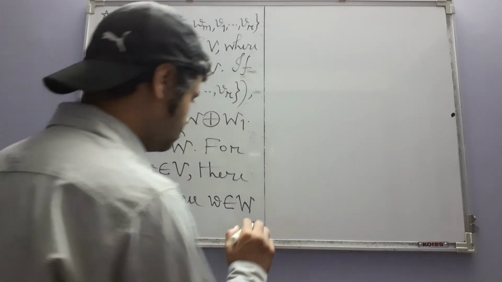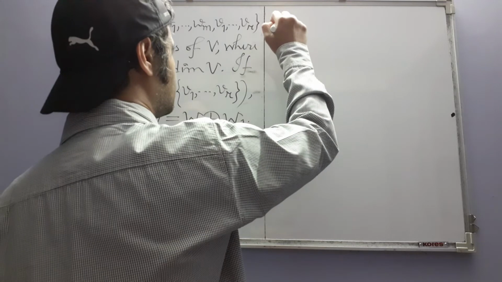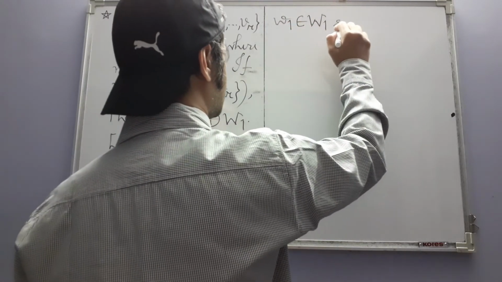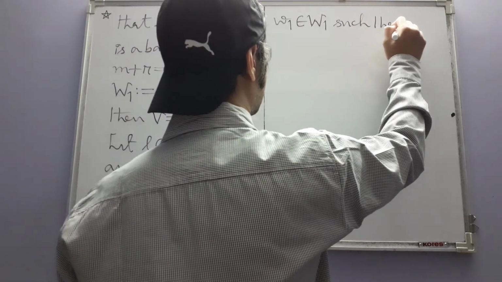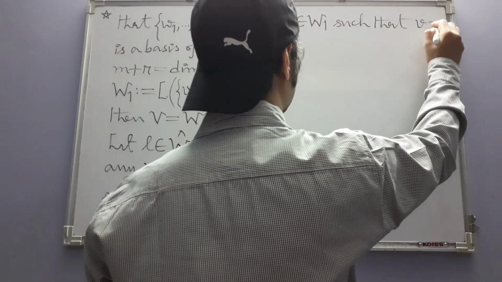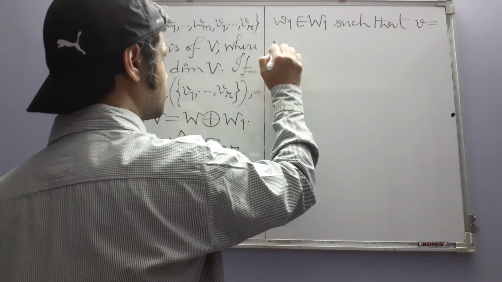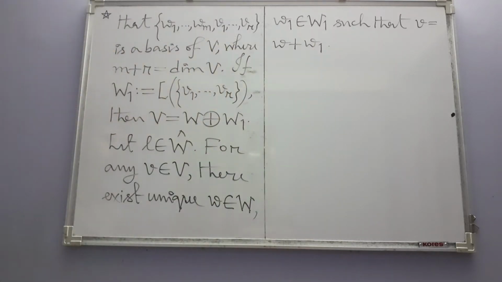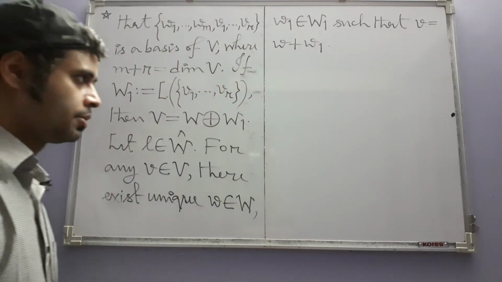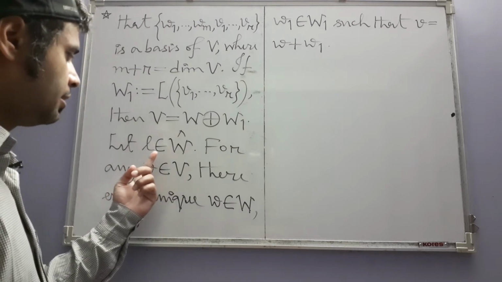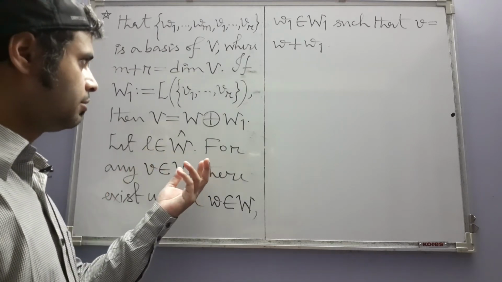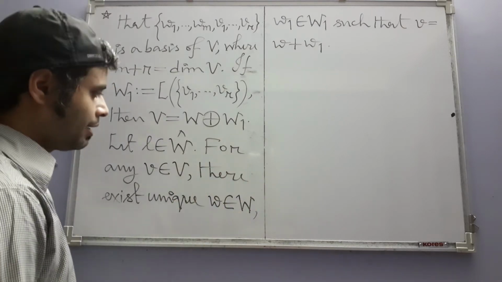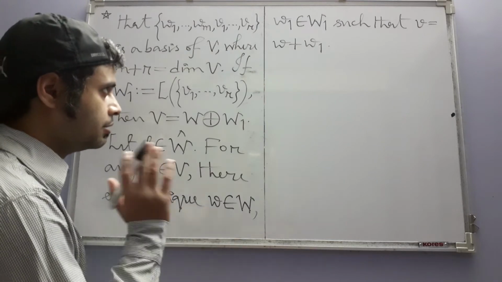Unique W in W and W1 in W1 such that V is equal to W plus W1. Okay. Now, keeping in mind that our aim is to find an inverse image of L under T, we now need that inverse image, and that inverse image we are now going to define like this.